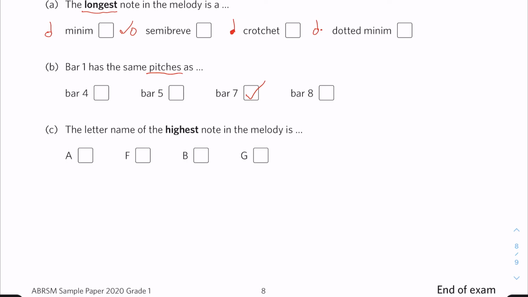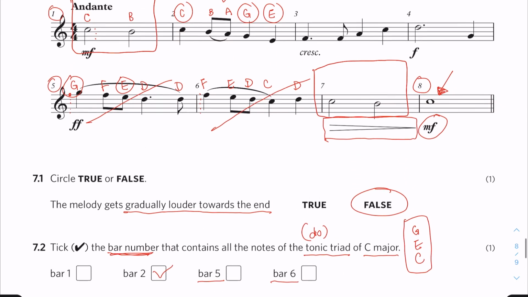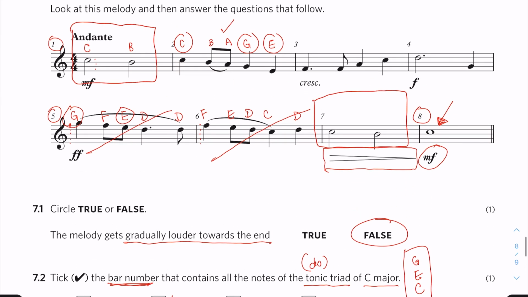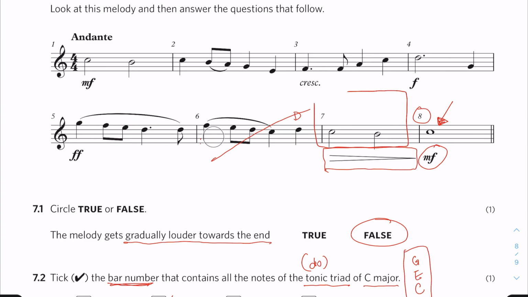And question C. The letter name of the highest note in the melody is, okay, going back to the excerpt, we need to find the highest note. So you know what I'm going to do is I'm just going to erase everything so we can see it clearly. And we are going to look for the note that is the highest.